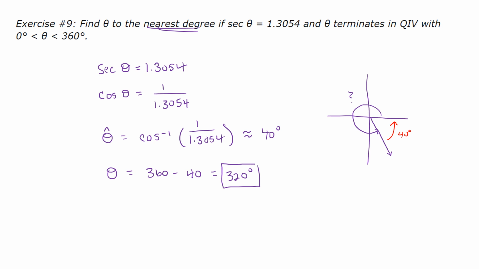And since we are dealing with a trigonometric function that's the reciprocal of cosine, we can check this by substituting 320 for theta, which would be 1 over the cosine of 320. And you should roughly get 1.3054 in your calculator. Okay, awesome.